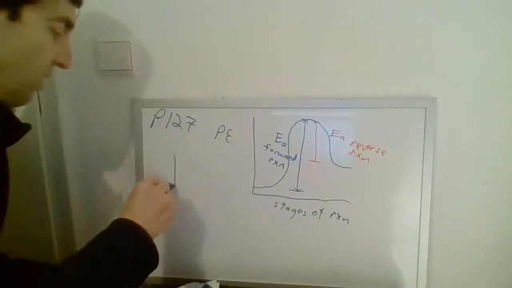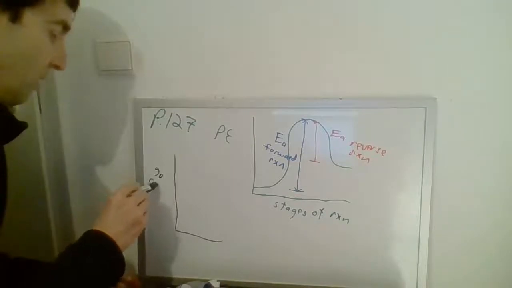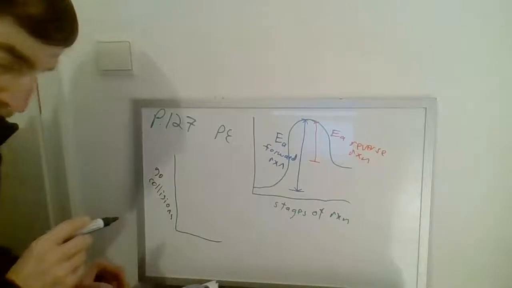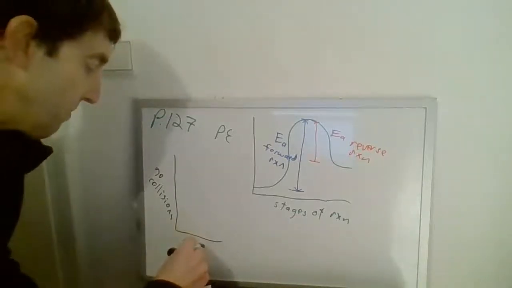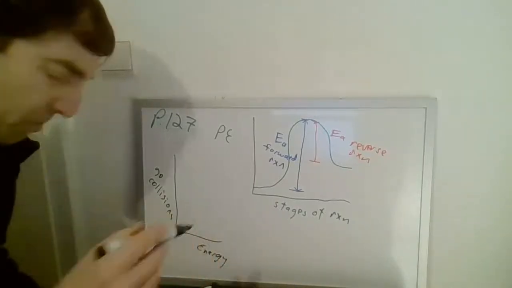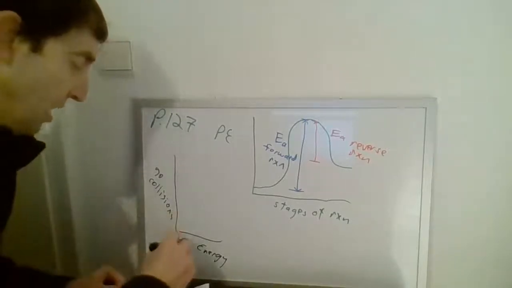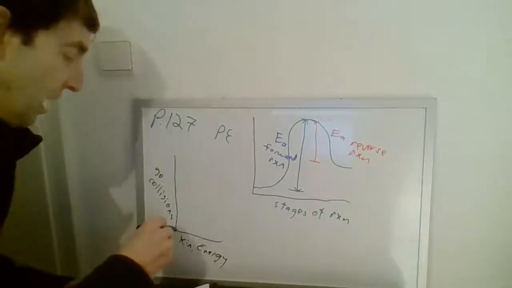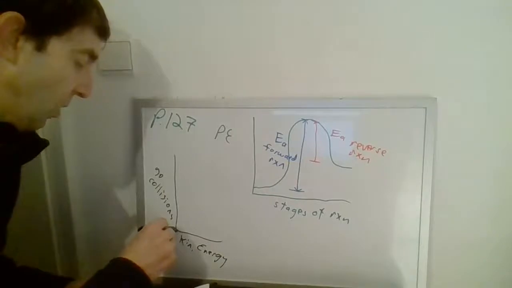Okay, let's do her other diagram and talk about it here. So it's percent of the collisions. And this is energy. And it's more like kinetic energy, really. She calls it collision energy. I'm going to call it kinetic energy. And you had this diagram before. Okay, I got some low energy collisions.